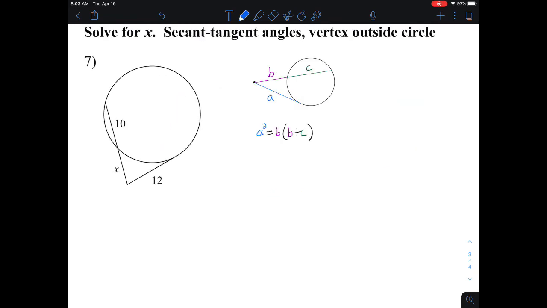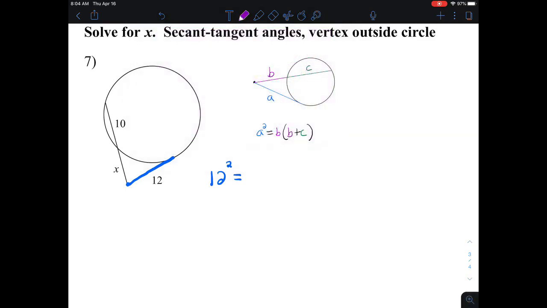All right, now let's look at when we have a secant line and a tangent line and relating their line segments together, and the vertex is outside of the circle. My tangent line here is 12. According to our formula, we take the length of the tangent line and square it, so it'd be 12 squared equals.